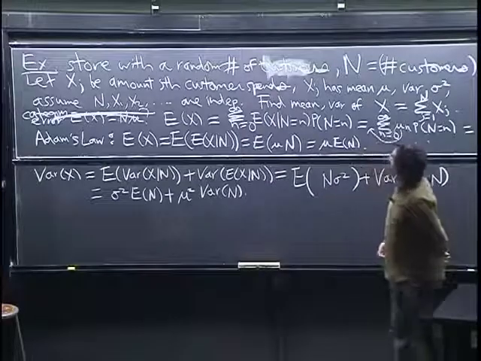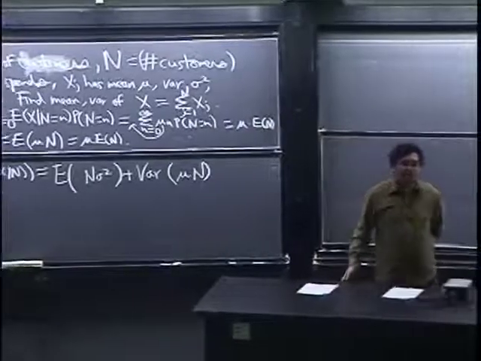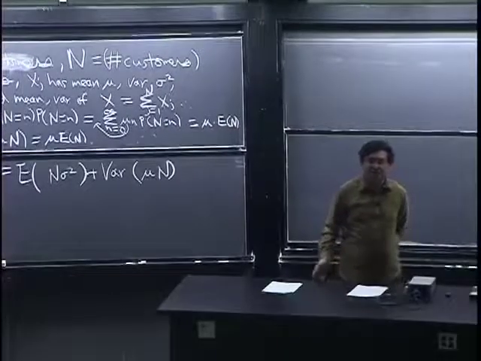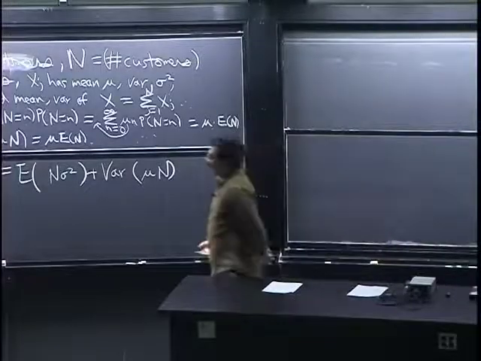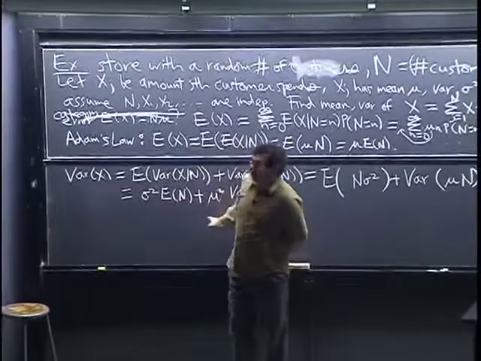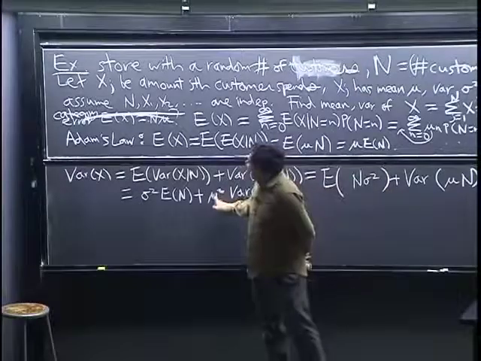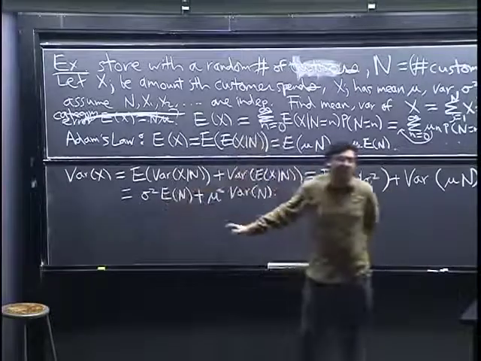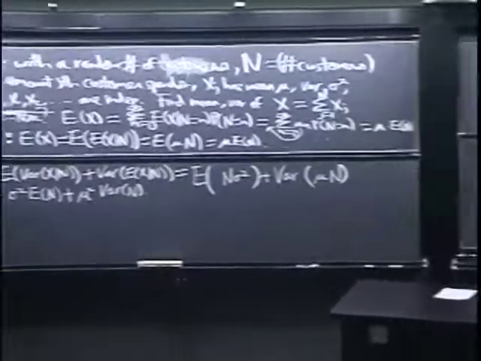So if mu is in dollars, sigma squared is dollars squared, which is why we like to work with standard deviation rather than variance when we're trying to interpret things, because I'd rather work with dollars than dollars squared. So if we want the standard deviation, we just take the square root of that. Notice if we take the square root of this, we're going to get dollars. But if this were like mu to the fourth or sigma cubed or something, it wouldn't make any sense. You'd be trying to add dollars cubed to dollars to the fourth or something like that. Wouldn't make much sense. Okay, so it makes sense in terms of the units.